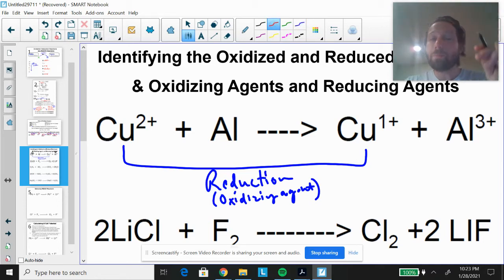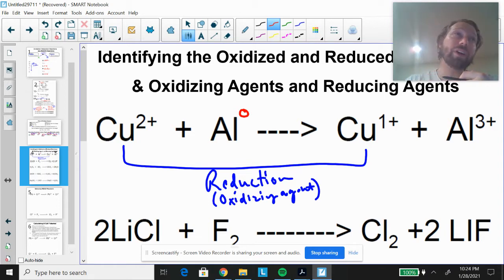Now, that means that aluminum has to be the substance being oxidized, but let's double check. Aluminum's oxidation number is not written. It's 0 because it's an element by itself and the charge is not given. Over here, aluminum is +3, so it goes from 0 to +3. How do you become more positive? Well, what would you do with your electrons?